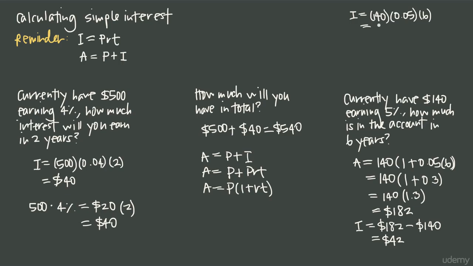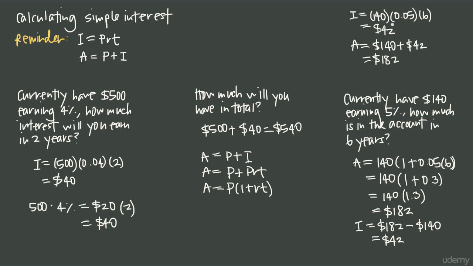And if we do that math, what we get is $42, which looks familiar because we already found it down here. So we get $42 for interest. And then we know we started with 140, so we could just say that the amount is the principal plus the interest, 140 plus 42, and the total amount in the account after 6 years then is $182.